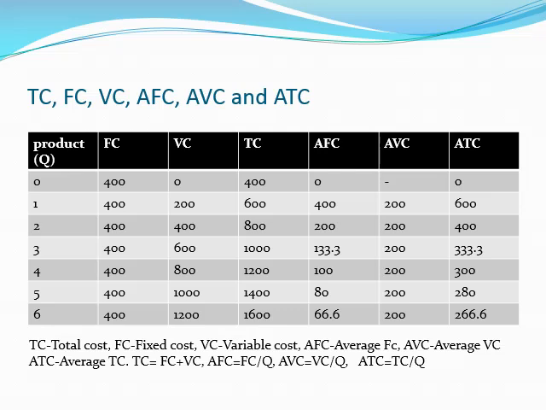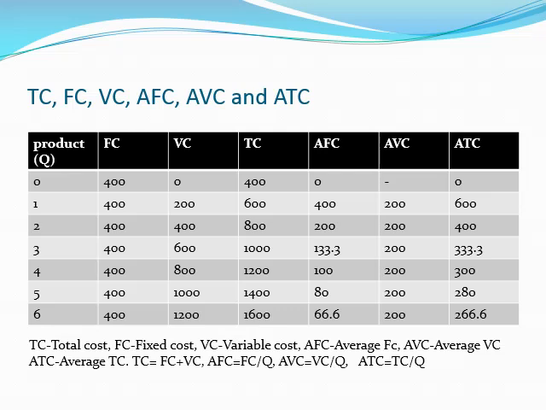One unit of product. So fixed cost 400, variable cost 200. Total cost is a summation of fixed cost plus variable cost. It is 600, 400 plus 200.